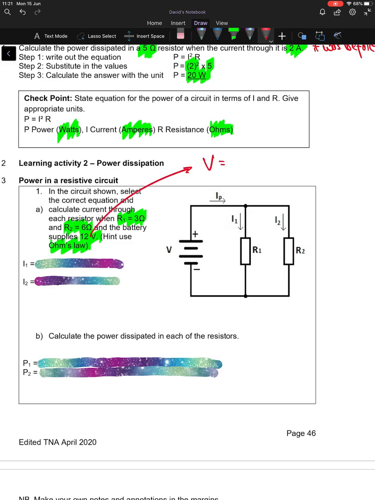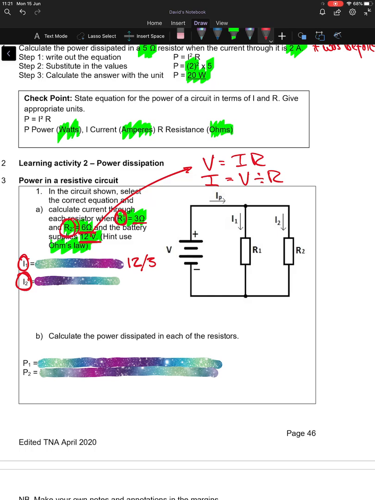Think about Ohm's law. So, for Ohm's law, V equals IR, which means I equals V divided by R. So, for current 1 in resistor 1, our V is going to be 12, isn't it? And our R is going to be 3. It's 12 over 3.